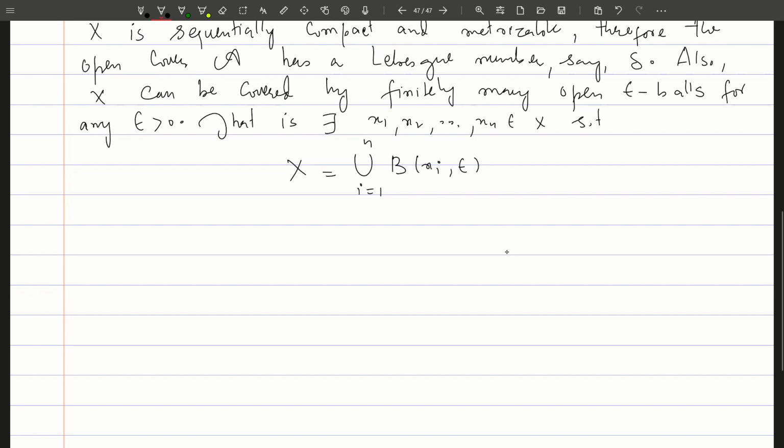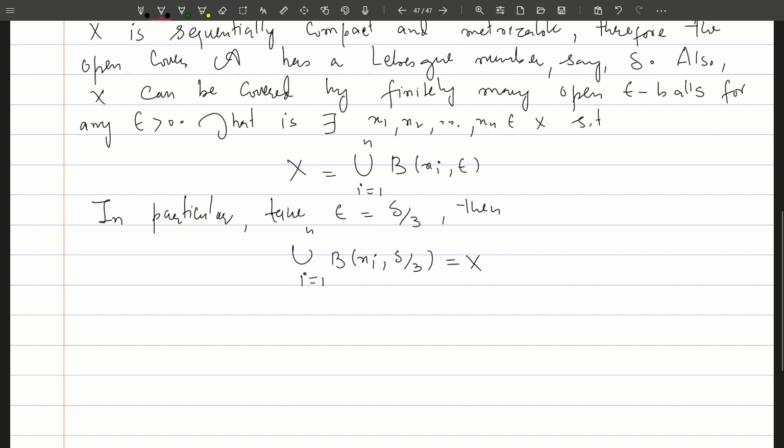Now, since this epsilon is arbitrary, we can take epsilon to be equal to delta by 3. Then the union of these balls centered at xi and radius delta by 3 is equal to X.